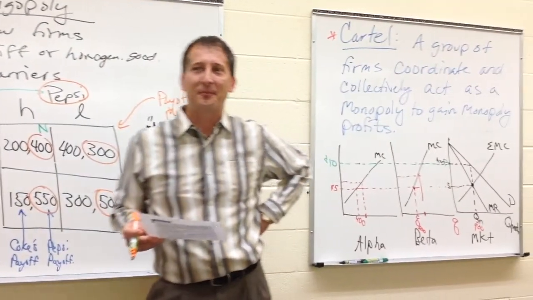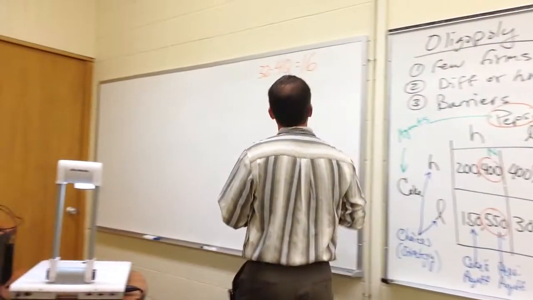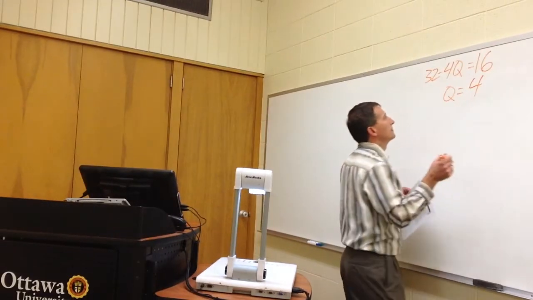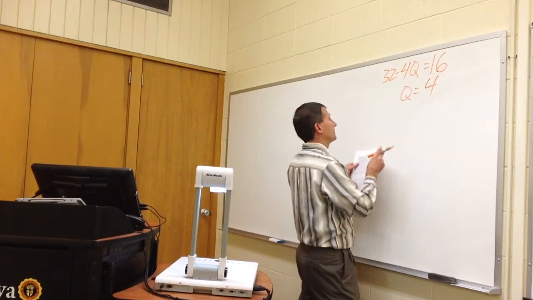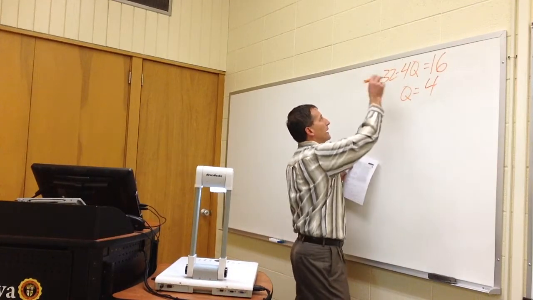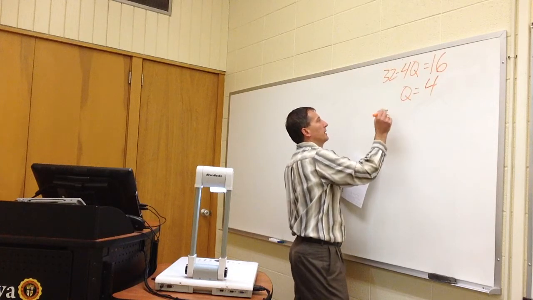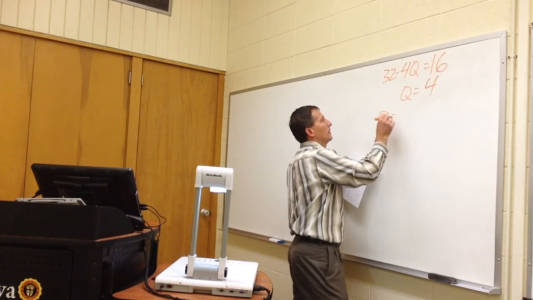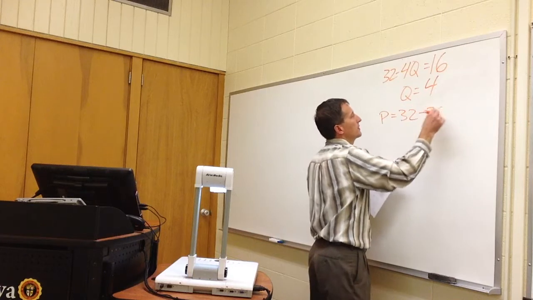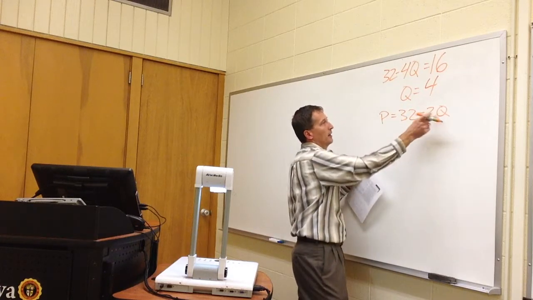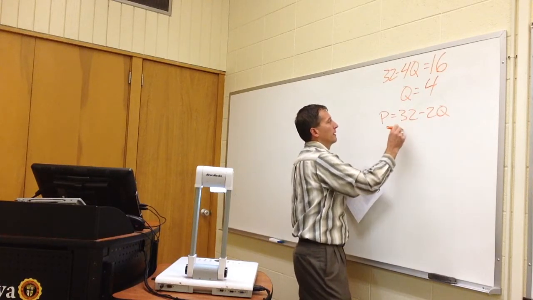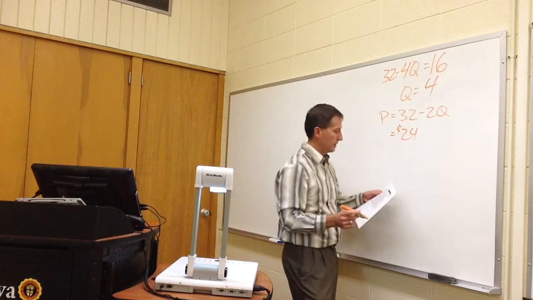What do we get? 4, good. What's the price? 24. All right, so we shove that back into not this function, of course, right? We find the price at 32 minus 2Q. 2 times 4 is 8, gives us a price of $24.